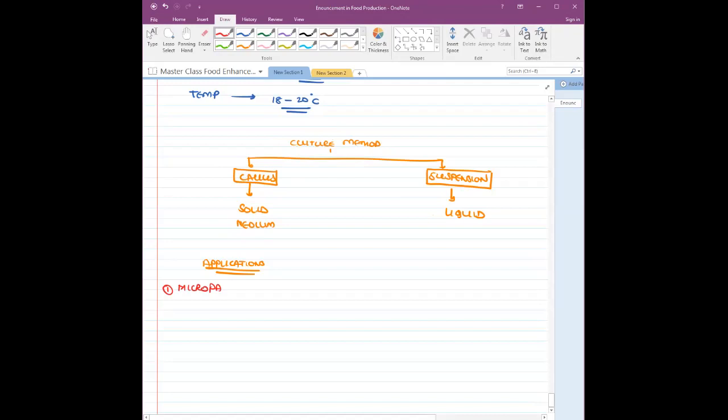This is called micropropagation. Second thing, guys, you are always going to produce disease free plants. Why disease free plants? Because you are using your apical meristem, and apical meristem is always going to be free from infections. So you will always produce disease free plants.